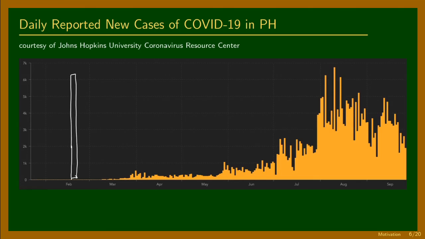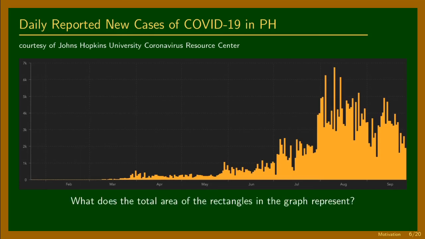Yung width nito represents 1 day, while the total height is the number of infections in that day. Right? So if I calculate the area of this rectangle, number of infections times 1 day, it is equal to the total number of infections that were recorded in that day.